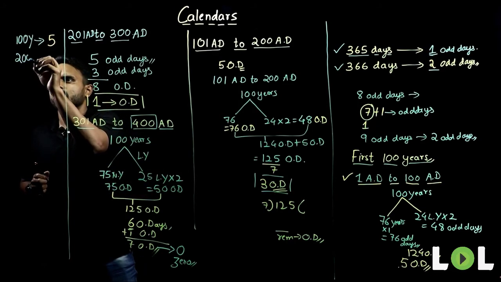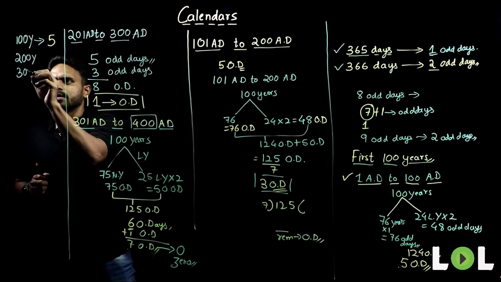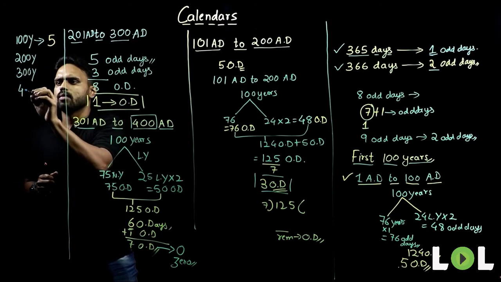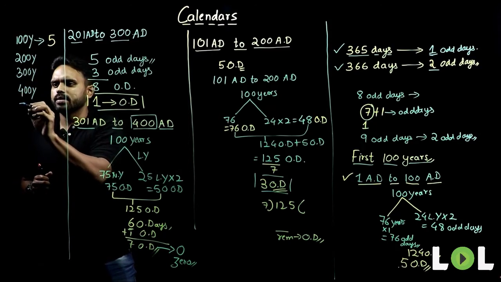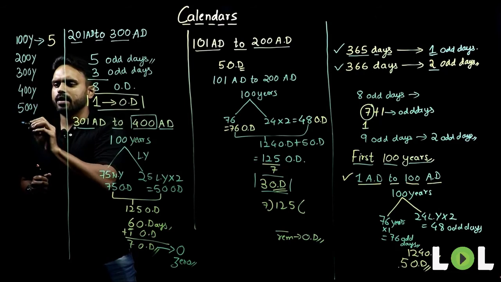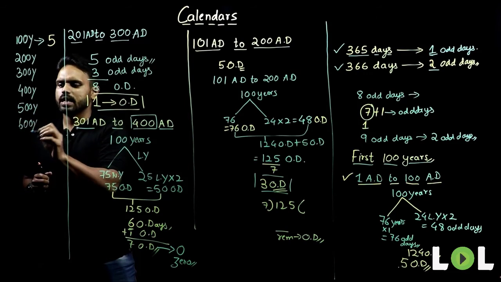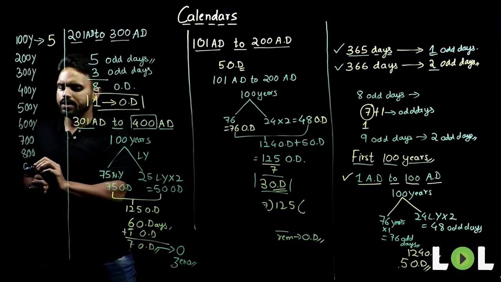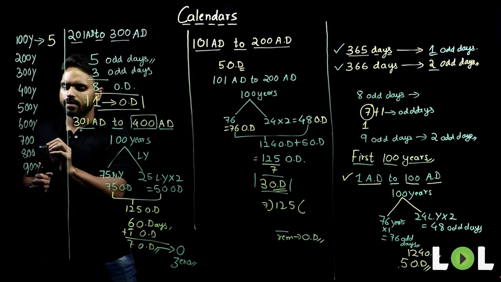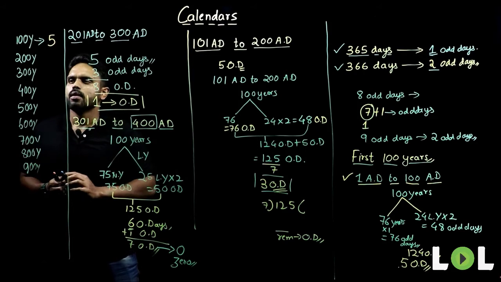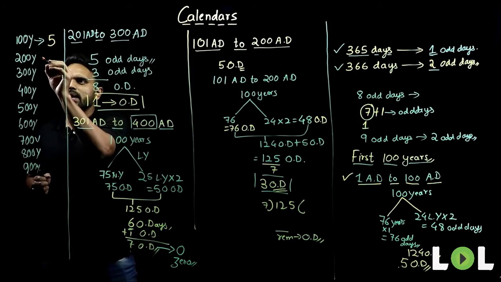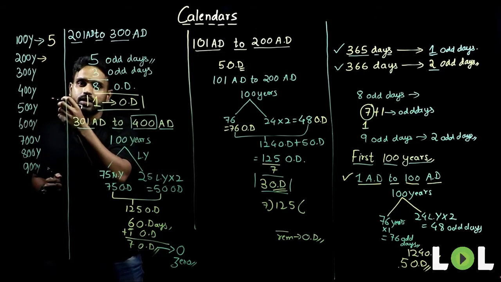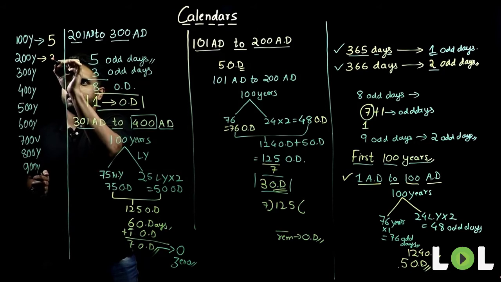Next, 200 years, 300 years, 400 years, 500 years, and so on. First 100 years, 5 odd days. Next 200 years, 3.